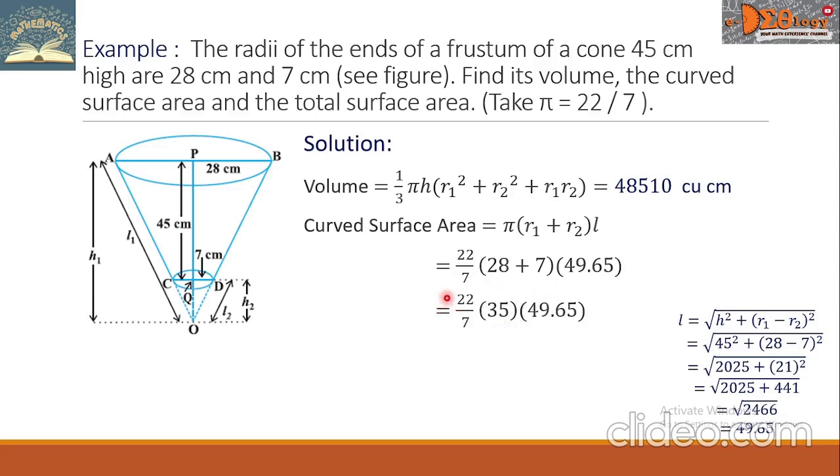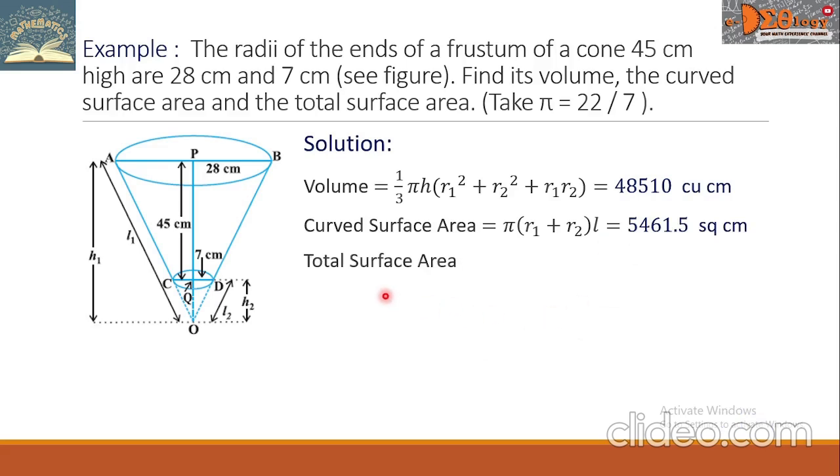Then we multiply 22 by 35 by 49.65. Then divide by 7. That will be 5,461.5. The unit of measurement is square centimeter. This is the curved surface area of the frustum. Let us copy the value opposite the formula.